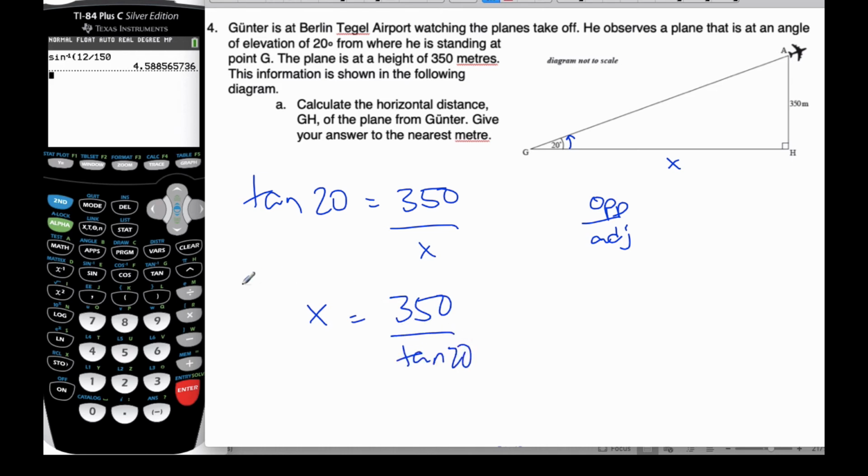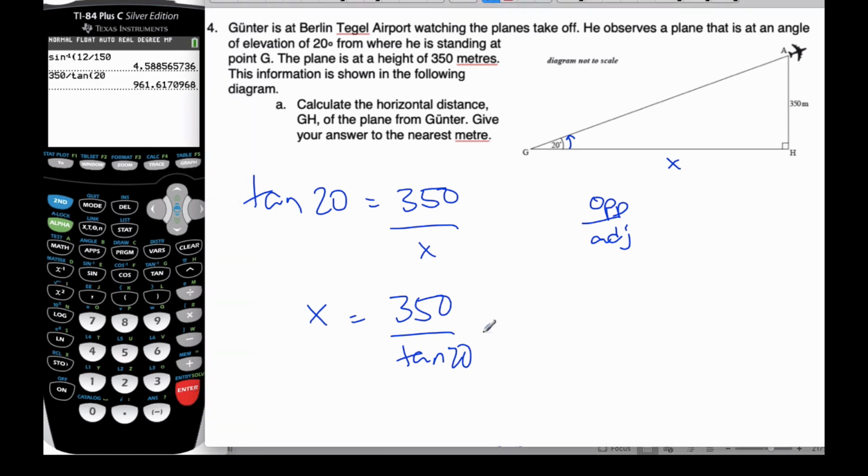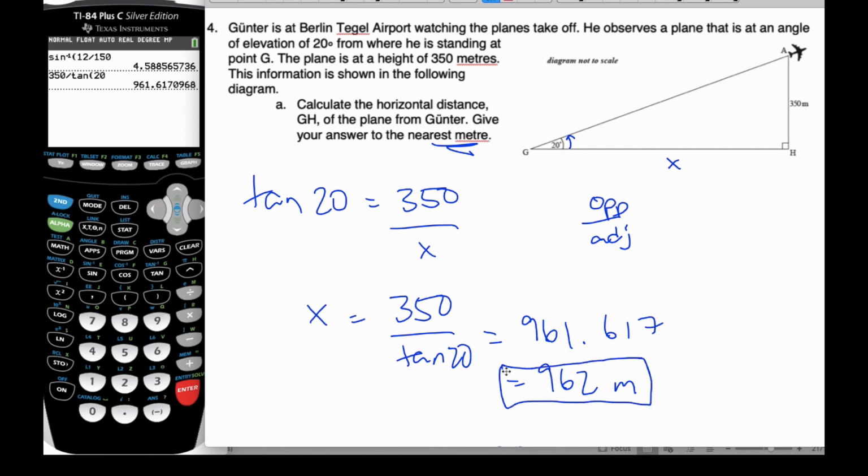On my calculator, I get 350 divided by tangent of 20, which is 961.617. But I want the answer to the nearest meter, so I round this up to 962 meters. So Gunther is 962 meters from point H.